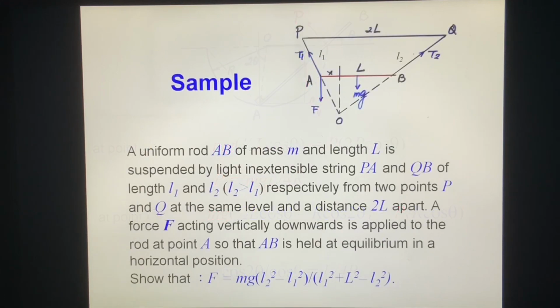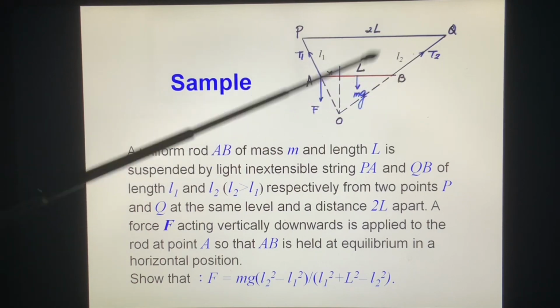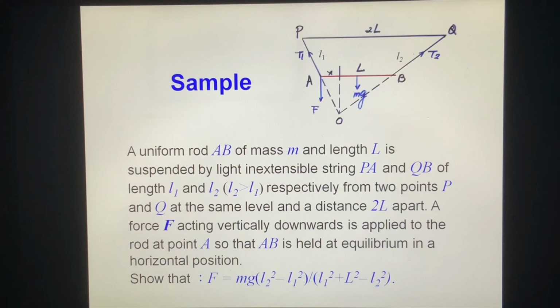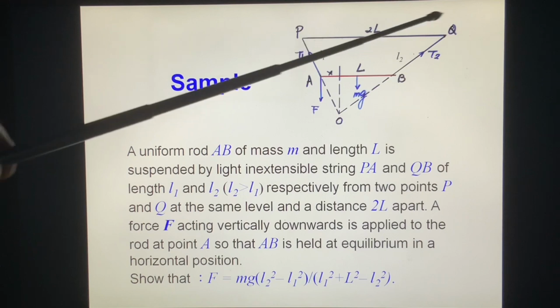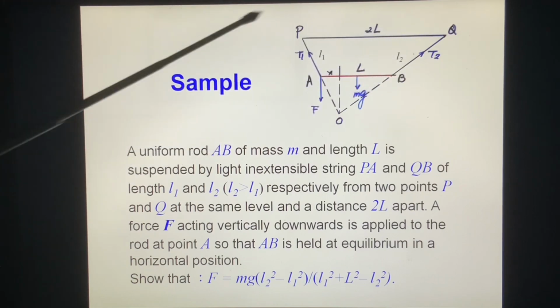That's it. Second example. A uniform rod AB, of mass m and length L, is suspended by light inextensible strings PA and QB. Length PA is L1, length QB is L2, respectively.